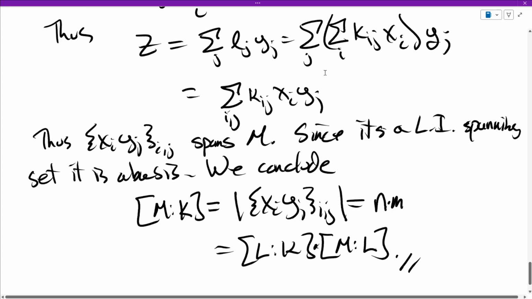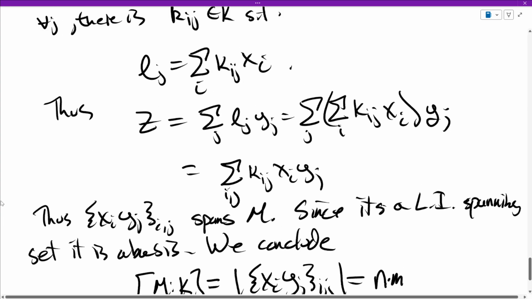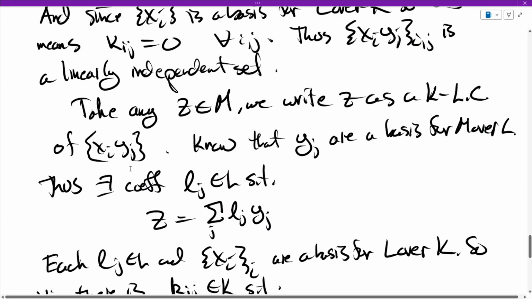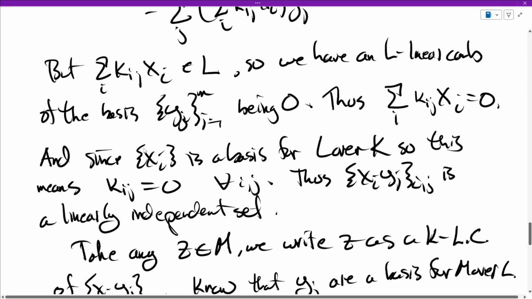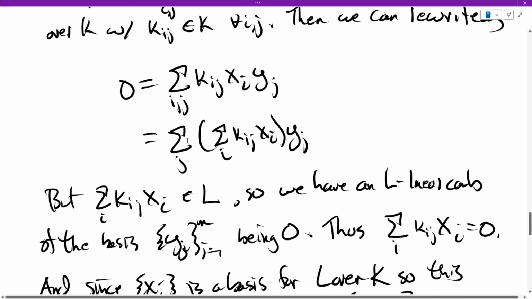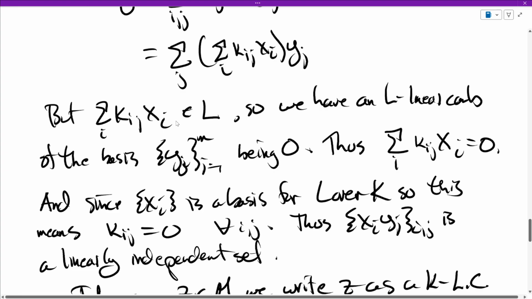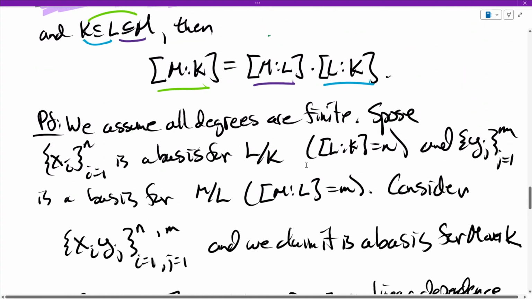All right, so it's a little bit long because we have to dig into some of the nitty-gritty details, but the core of the proof was exactly that motivating example. We took a basis for the small extension, that's the second sentence.